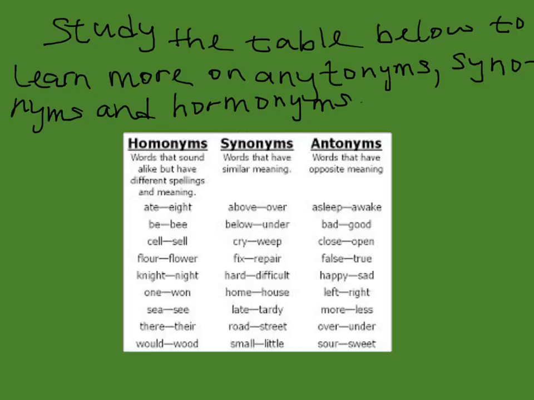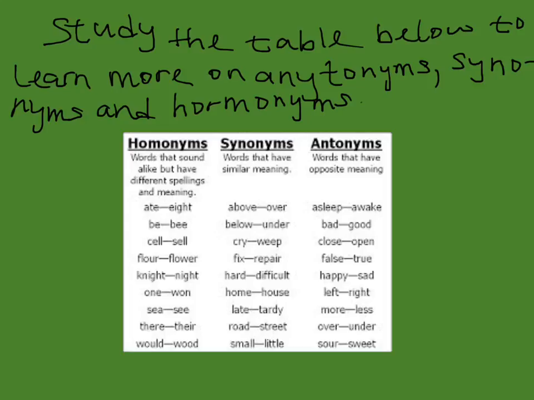So at the column of the homonyms, as we already saw, we have eight, the past tense of the verb to eat, and 8 as the number 8. Be, the infinitive form of the verb to be, and bee, the insect. Cell, an organism in the body, and sell, the verb to sell.